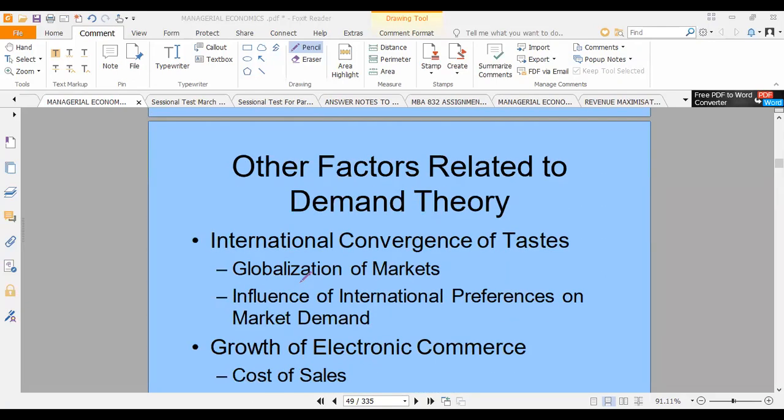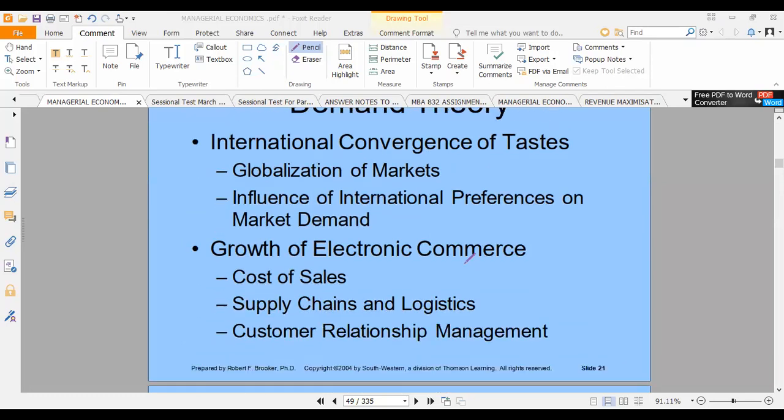So there are of course other factors that are related to demand theory, such as international convergence of tastes. We know how certain products are not compatible with our Zambian system. You're buying commodities that have a certain plugging system, so you may not demand them because they may not be compatible. Other things could be growth of electronic commerce.